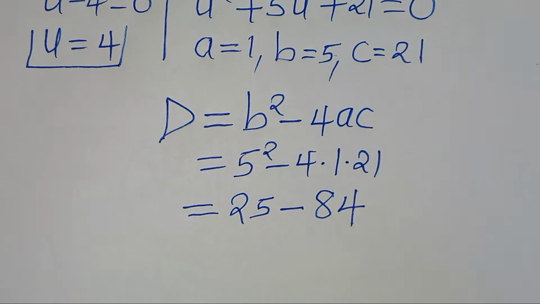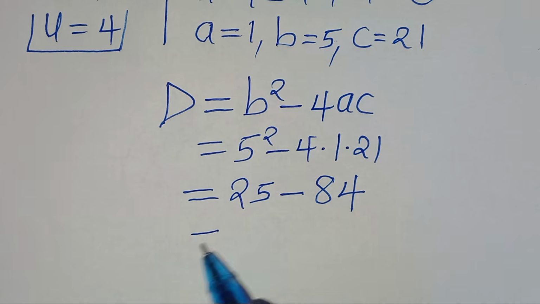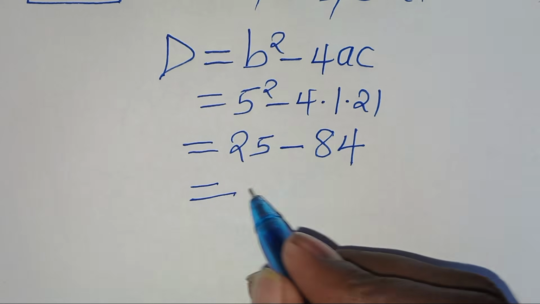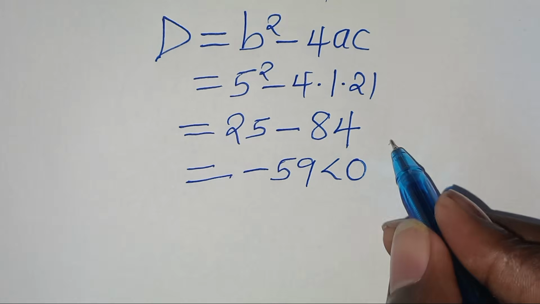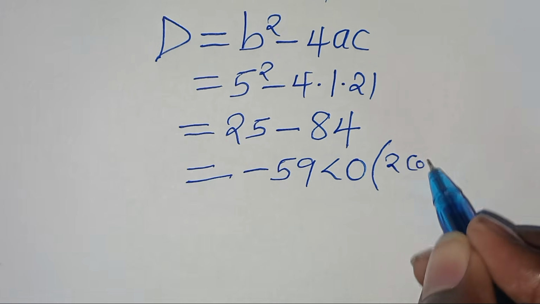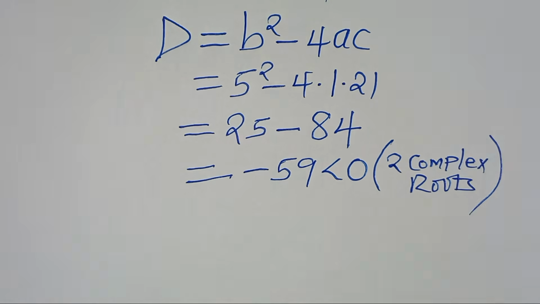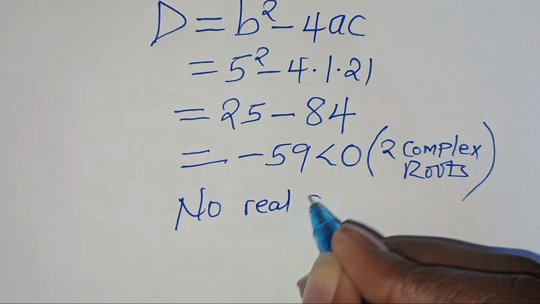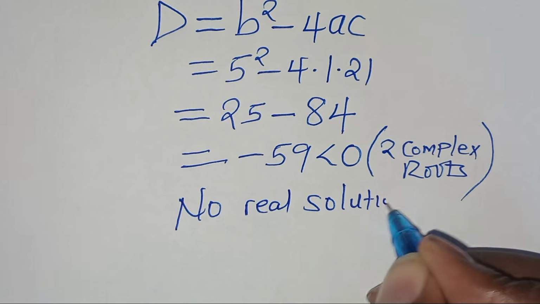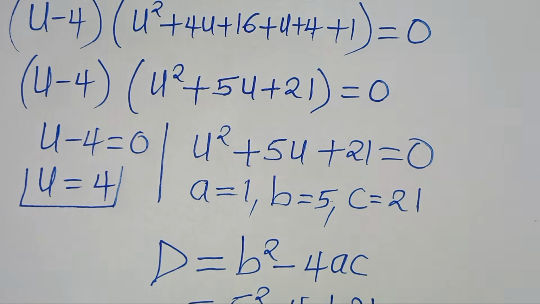So we have 25 minus 84, and this is equal to negative 59, which is less than 0. So this indicates that we have got two complex roots, and therefore there is no real solution that can be obtained from this quadratic equation.